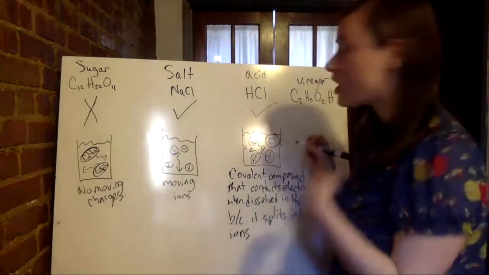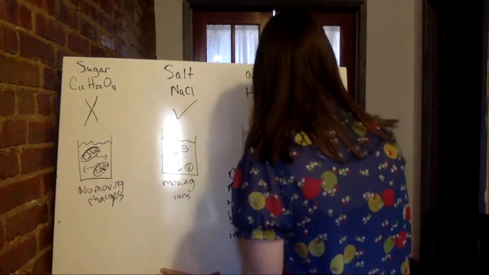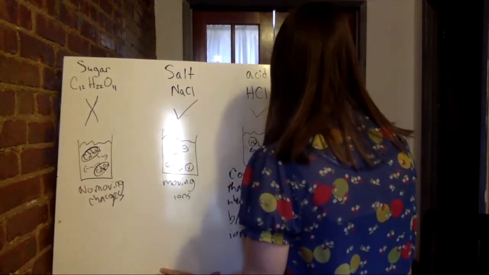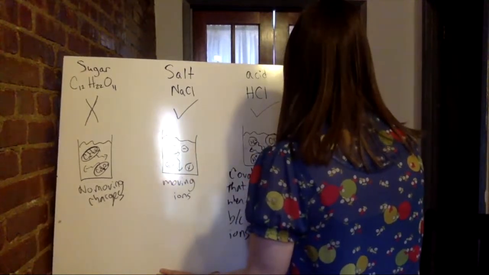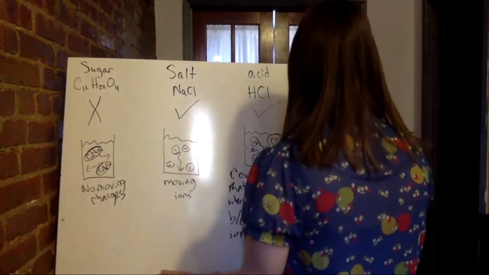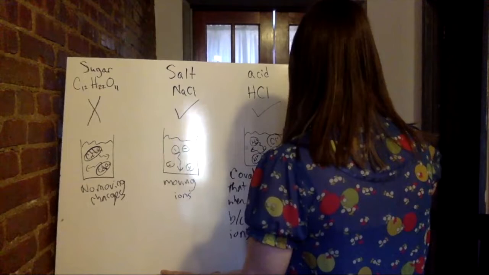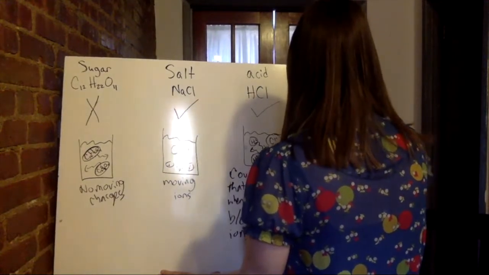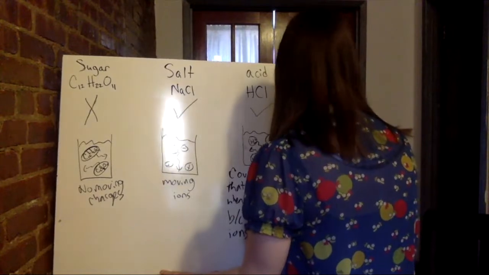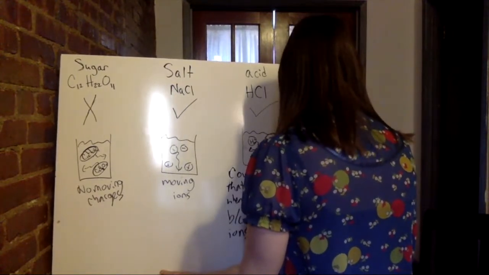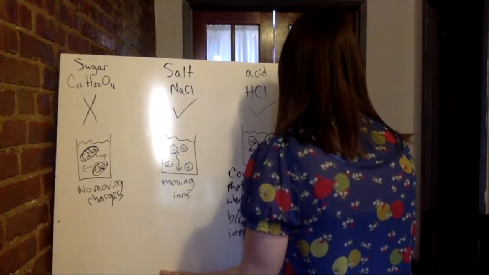If we were to draw out the structure for this, it would be carbon bonded to carbon. This carbon has 3 hydrogens. This carbon has no hydrogens. This carbon's double bonded to oxygen, single bonded to oxygen, single bonded to hydrogen.